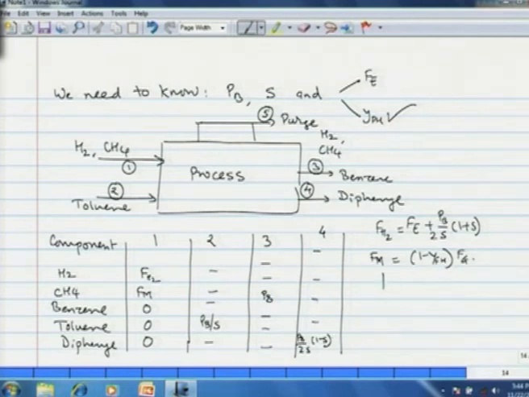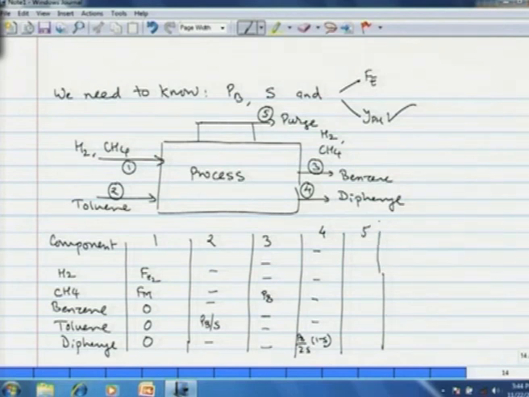And number 5 stream contains hydrogen, which is excess hydrogen, and methane, the methane that comes with the fresh stream plus the methane that is generated in the process, and no other component. So we have essentially prepared a stream table.